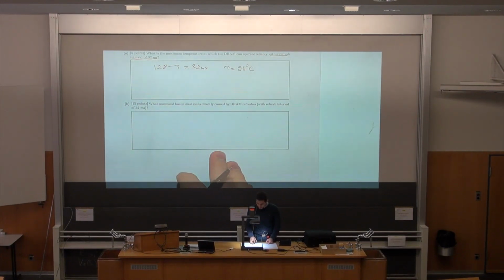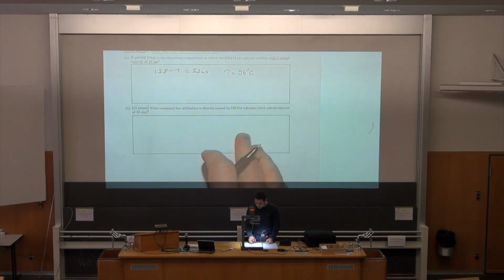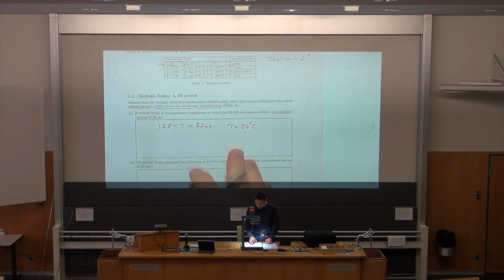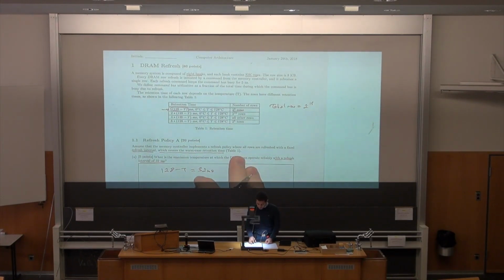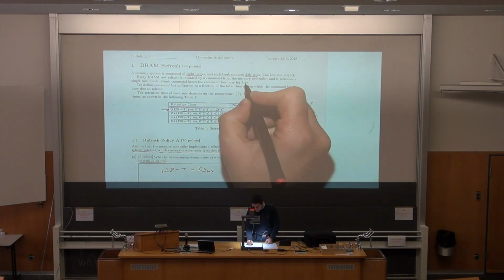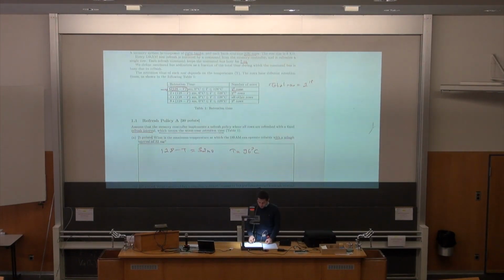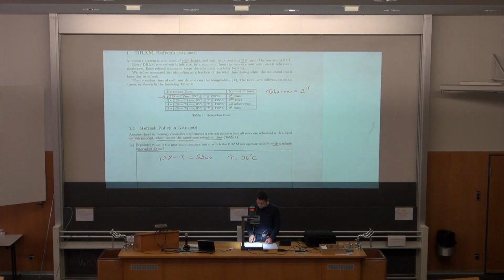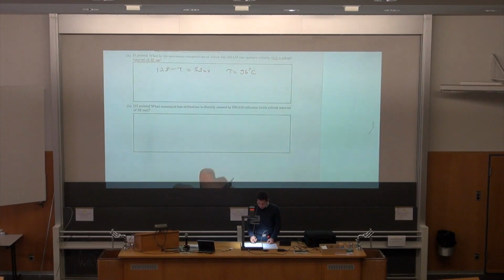It also asks what the command bus utilization is that is directly caused by DRAM refreshes. The command bus is defined as follows. The memory controller sends the refresh command, and the bus is kept busy for a certain time interval, which is 5 nanoseconds. The command bus utilization is the total time that the command bus is kept busy within a refresh time interval.